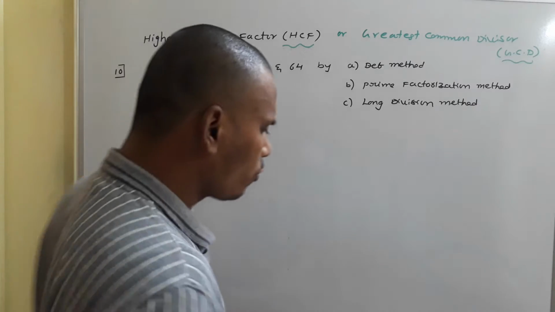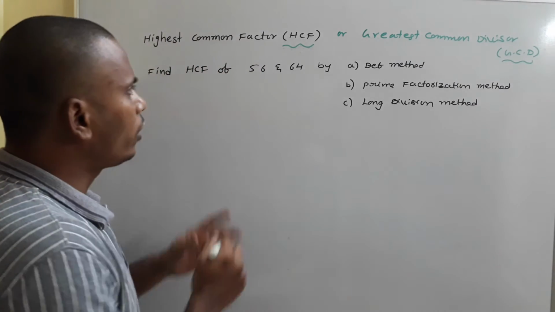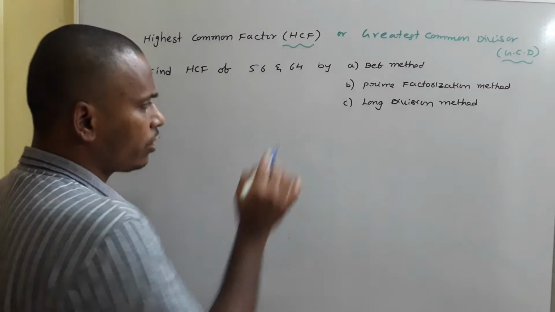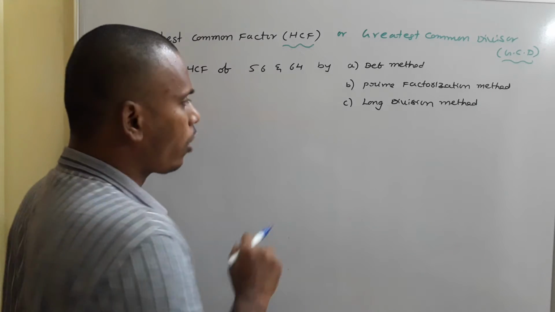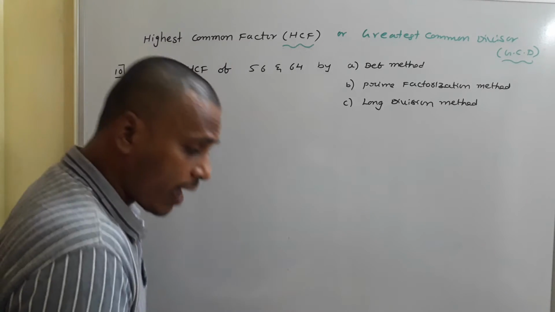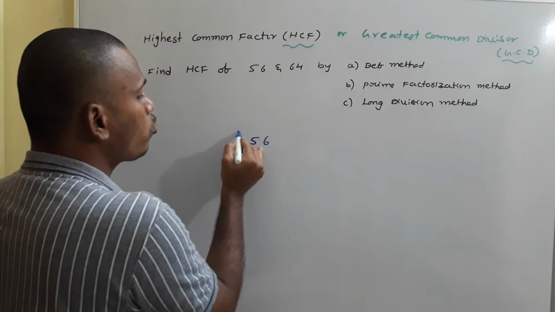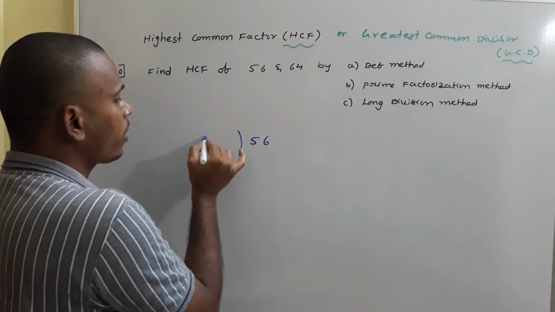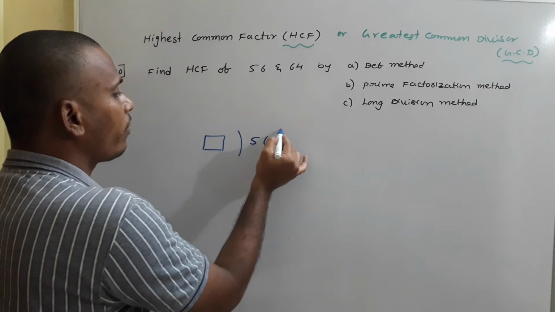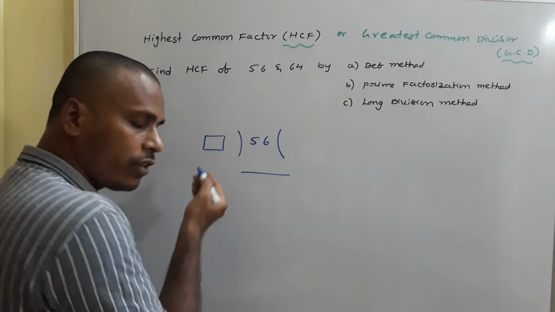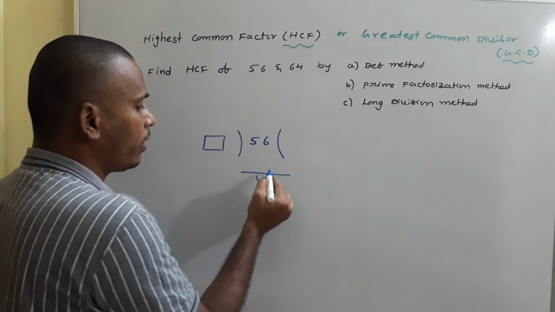So before giving problems on HCF, one more thing we need to understand. See, finding HCF, which is highest common factor: factor, common factor, highest common factor. As I mentioned in the last class, if you wish to find the factors of 56, we need to fill this blank with all possible numbers.